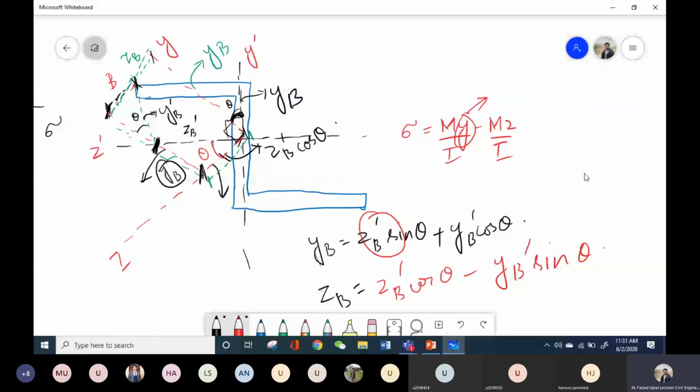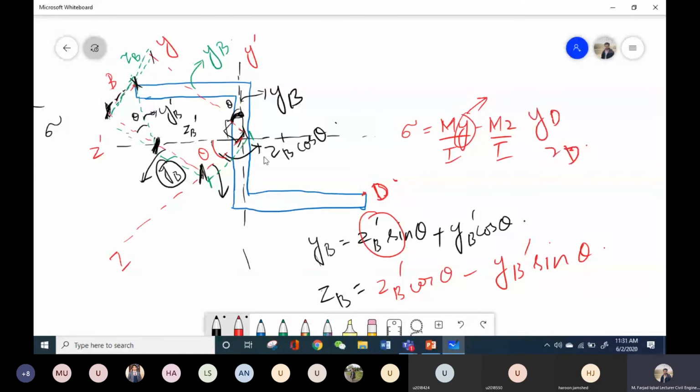About the sign convention of this formulation, we have developed it based on the positive z dash axis and y dash axis. So for example, let's say I have a point over here, let's say this is my point D, and I want to calculate the yd distance and zd distance.